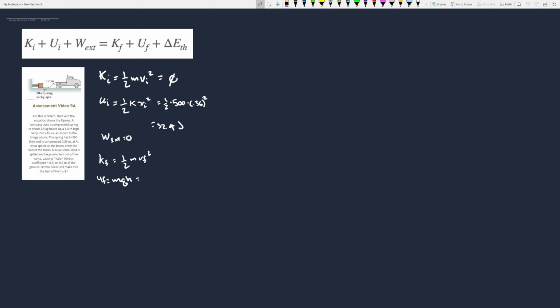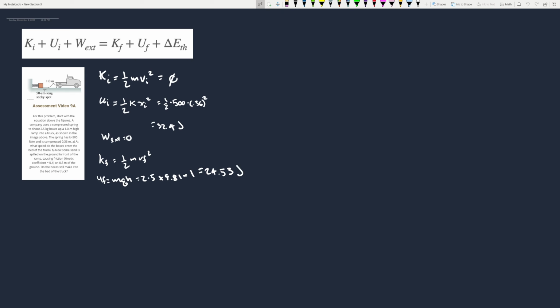So we'll have 2.5 times 9.81 times, and since it's just 1 meter, it's just going to be 1. We'll end up with 24.53. Let's just round it right there.